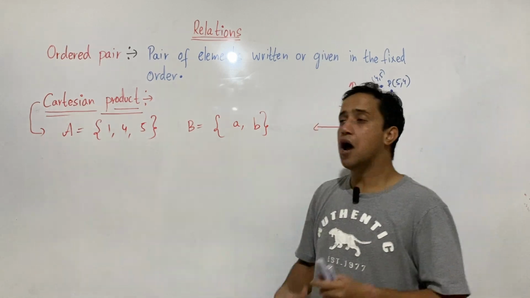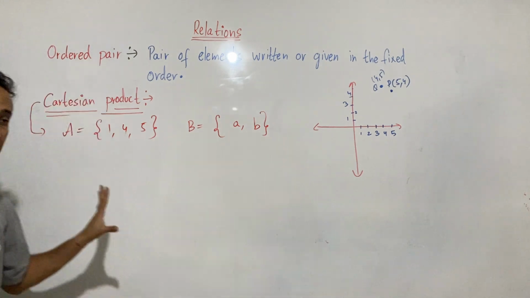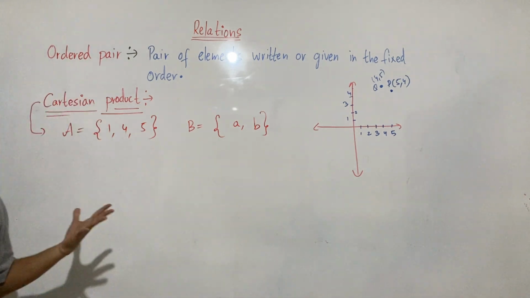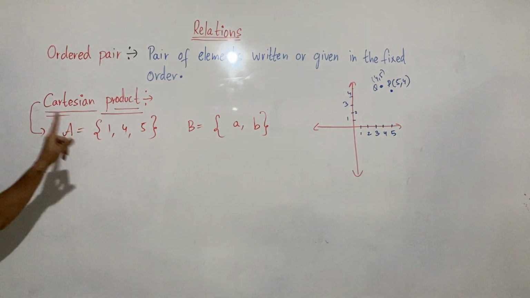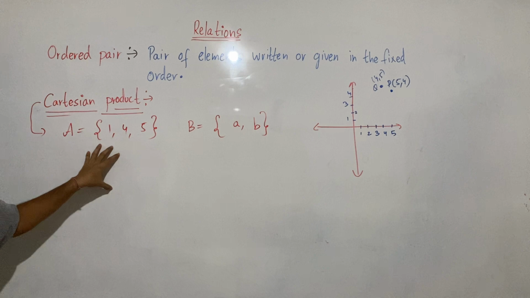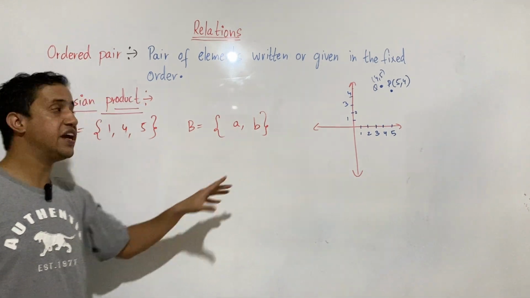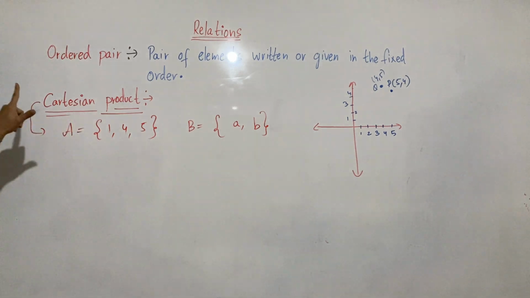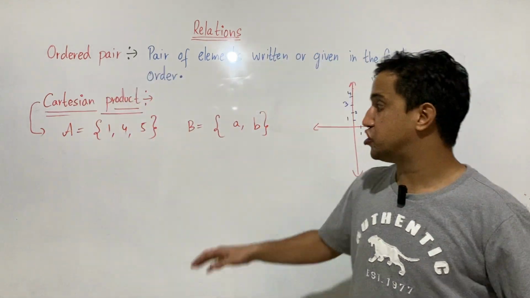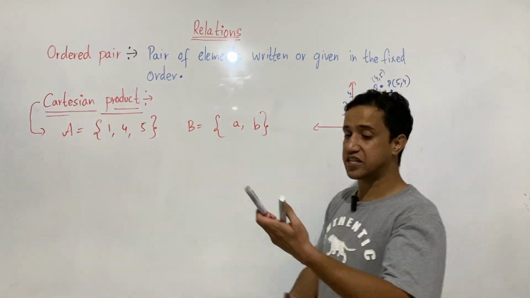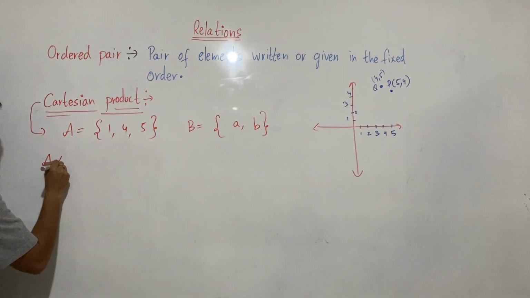So he said that whenever we have to find the product of two sets, we have to pair each element of the first set with every element of the second set. If I have to find the Cartesian product of these two sets, it is going to be denoted by A cross B.